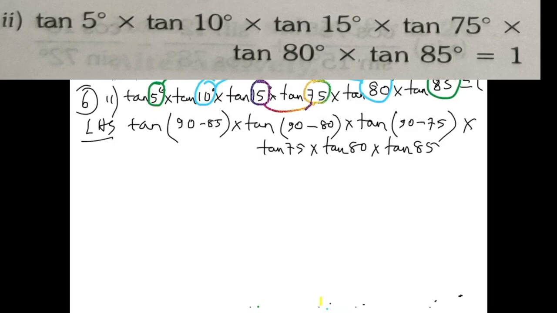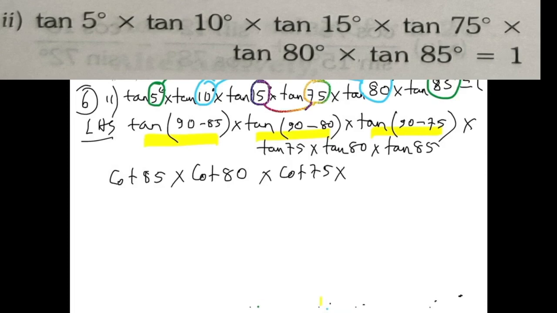Okay, now applying the formula, tan of 90 minus 85, tan changes to cot. So tan of 90 minus 85 can be written as cot 85 into, similarly the second one, tan of 90 minus 80 can be written as cot 80 into, then the third one, tan of 90 minus 75 can be written as cot 75 into, now the other remaining three, that is tan 75 into tan 80 into tan 85.